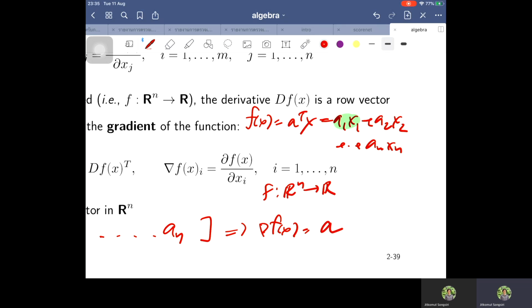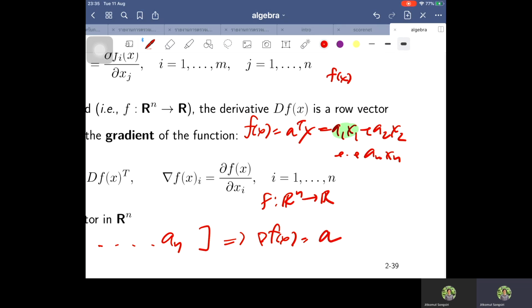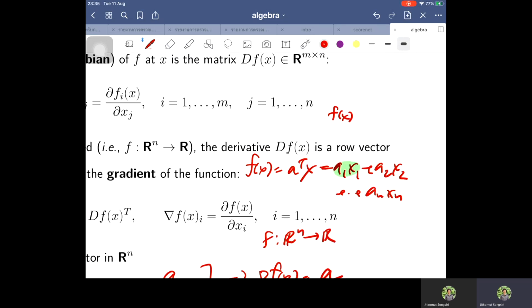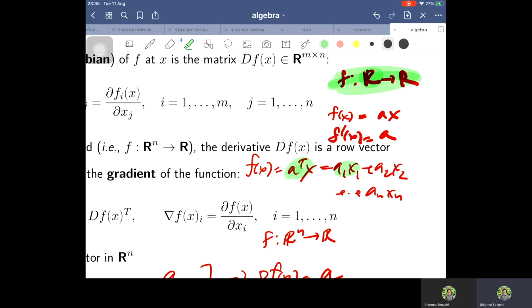You see that this is a very obvious analogy. When you learn a function that maps from R to R, if f of x is a times x, everything is scalar, and of course the first derivative is simply a. Now you extend from a function of one variable to a function of several variables.